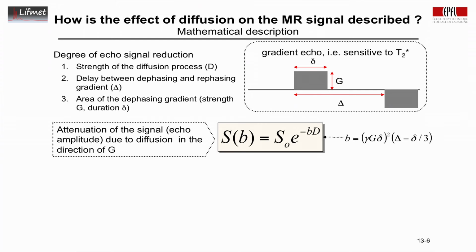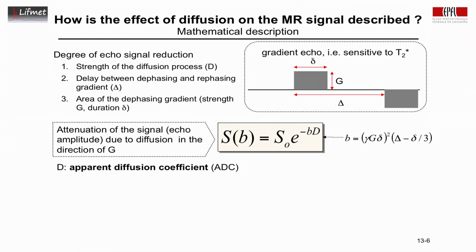Those are the experimental parameters that we can choose, and D describes the diffusion process. Now in this case, it's not the self-diffusion coefficient in magnetic resonance. It is called the apparent diffusion coefficient, or ADC, because it's an apparent diffusion that one measures, and it is not necessarily the true diffusion of the molecule.